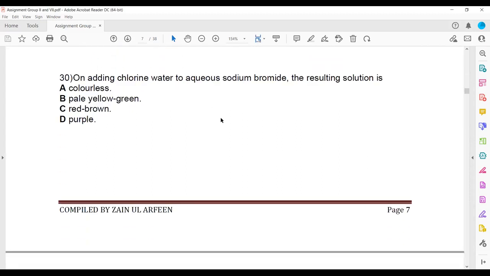In question 30, on adding chlorine to water and aqueous sodium bromide, what is the resulting solution? When we bubble chlorine gas through an aqueous solution of sodium bromide, NaBr, chlorine is more electronegative or more reactive, so it will displace bromine from its compound, forming 2NaCl plus Br2.